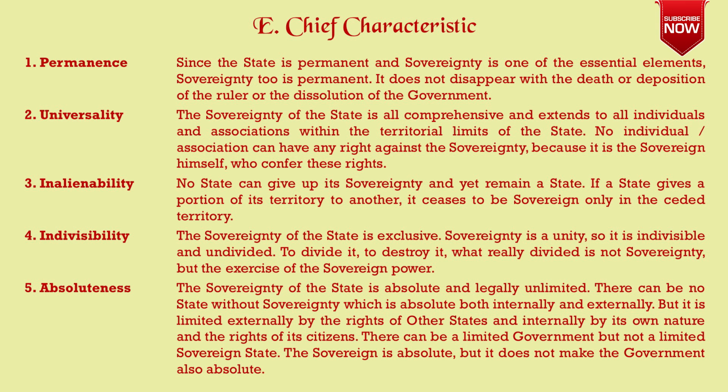Number 2, universality. The sovereignty of the state is all-comprehensive and extends to all individuals and associations within the territorial limits of the state. No individual or association can have any right against the sovereignty, because it is the sovereign himself who confers these rights.